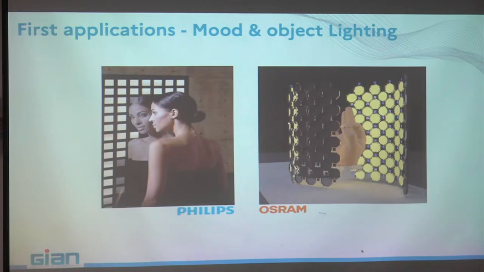You can see your image without problem, and you are illuminated by the OLEDs here. Since you have a large surface, you can generate much flux, but large surface means low brightness, and low brightness means no glare. The lady has no glare problems here.